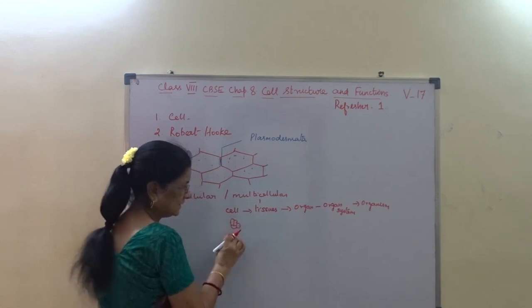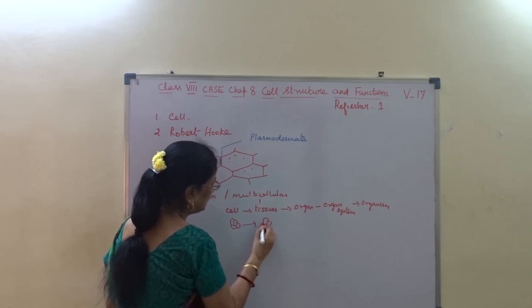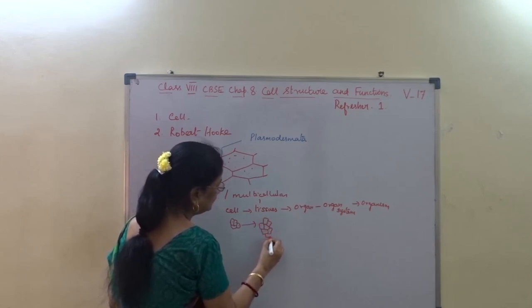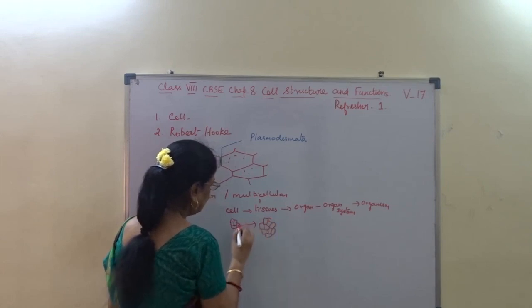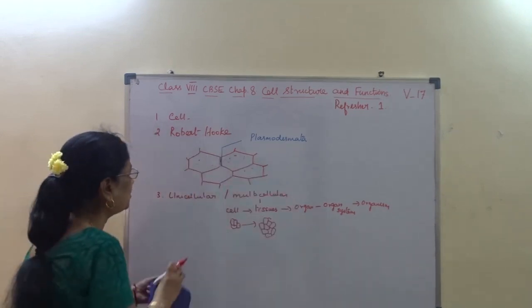I hope you understand. For example, this is one cell. Each one is a single cell, and that forms a group of cells.